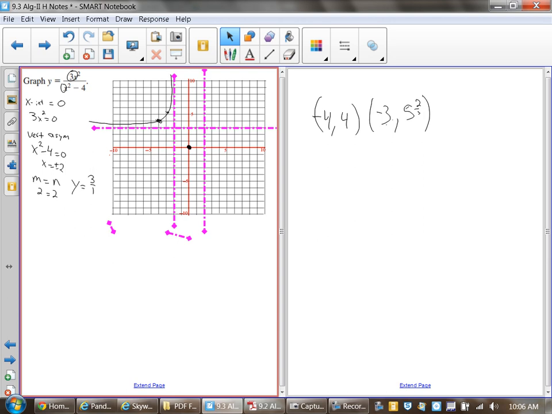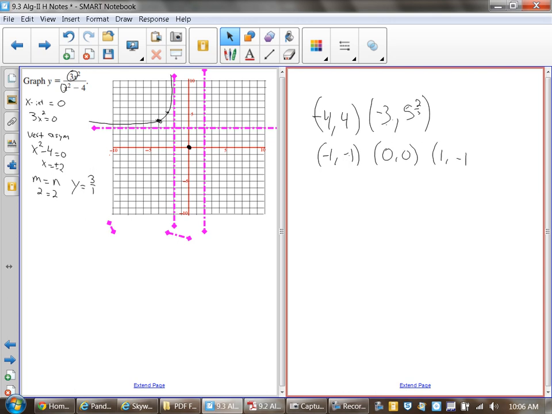How do you get 2 equals 2? I'm looking at the degree. The degree of the numerator is 2, the m value, and the degree of the denominator is 2. That's where I was getting the m value. Look at the sets between. I have negative 1, negative 1. We know it's at 0, 0, and then 1, negative 1. So you'll be able to tell that it's making another parabola here.